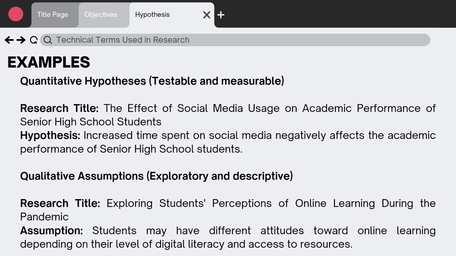It's just an assumption that maybe students may have different attitudes toward online learning. It does not predict that students have negative attitudes, unlike the quantitative. So that's how you write your hypothesis.